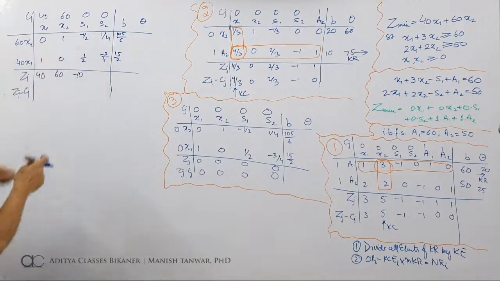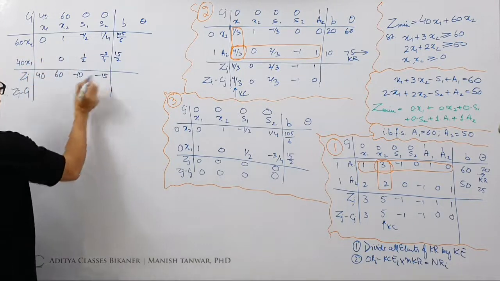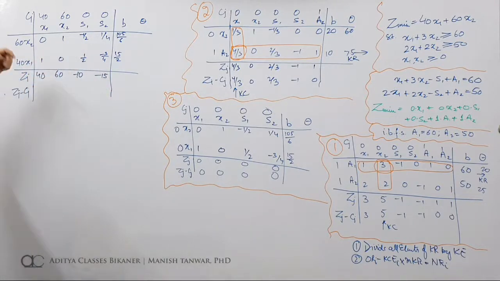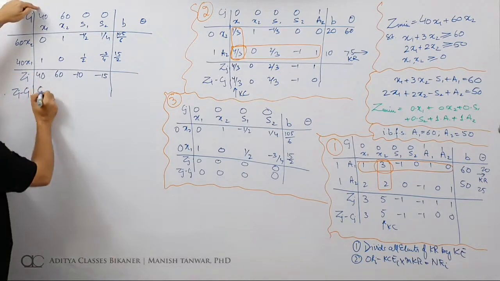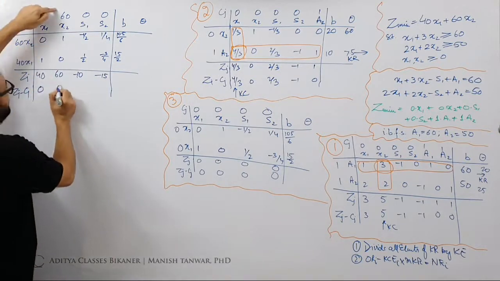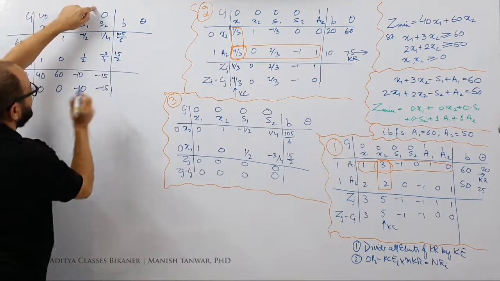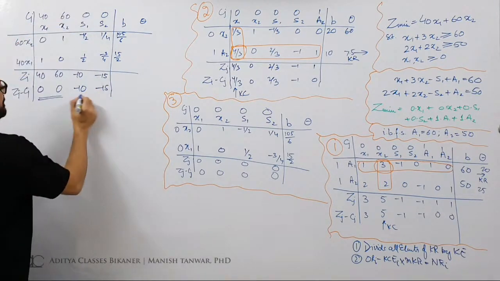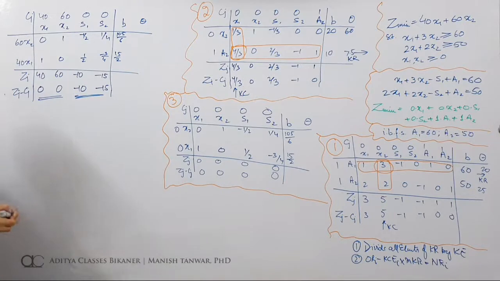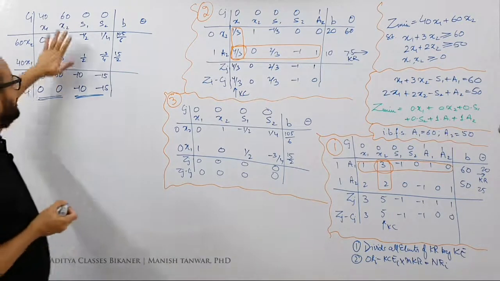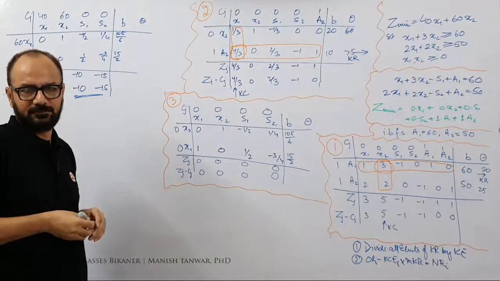Plus 15 minus 30 making it minus 15. Zj minus Cj. 40 minus 40. 60 minus 60. Minus 10, minus 15. All values are either 0 or negative. Hence, this is my final solution.